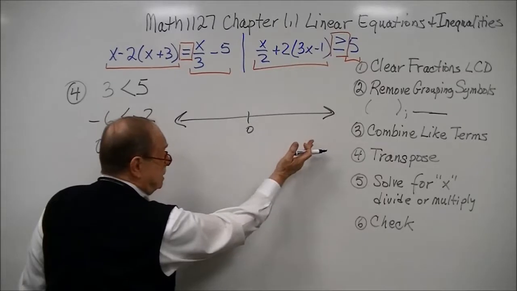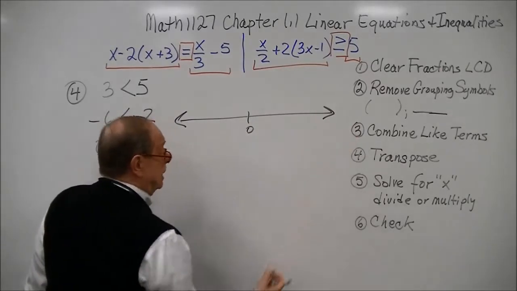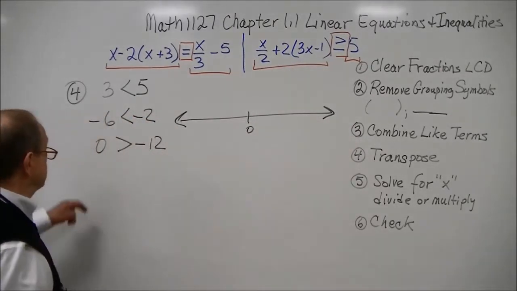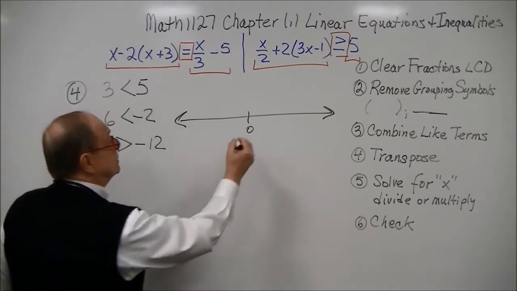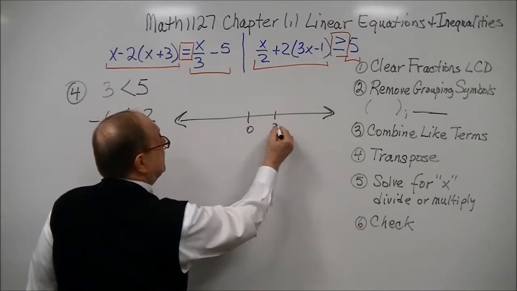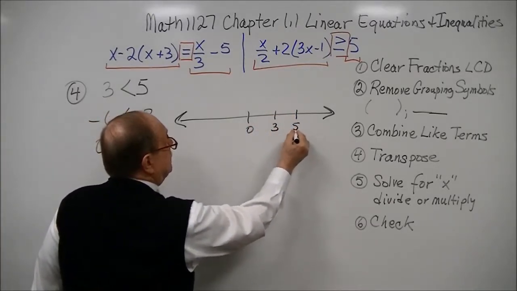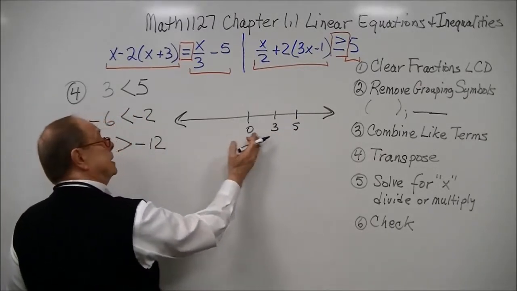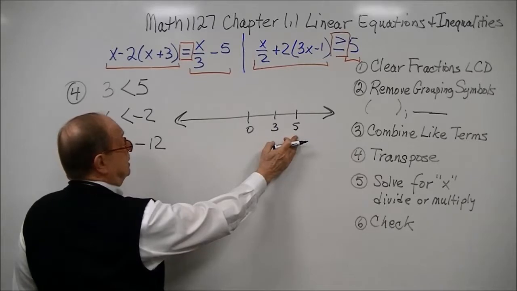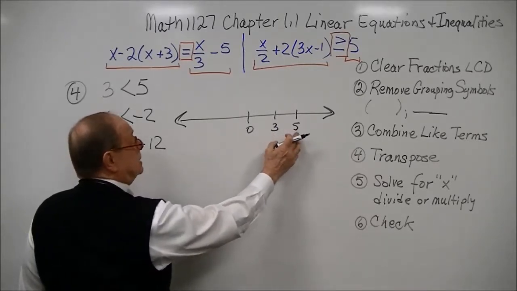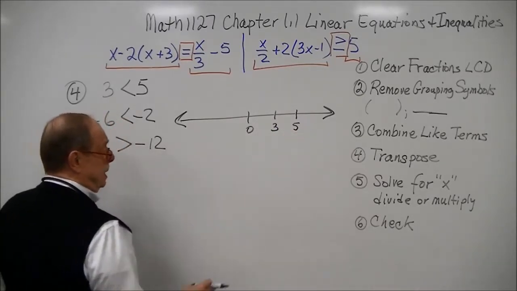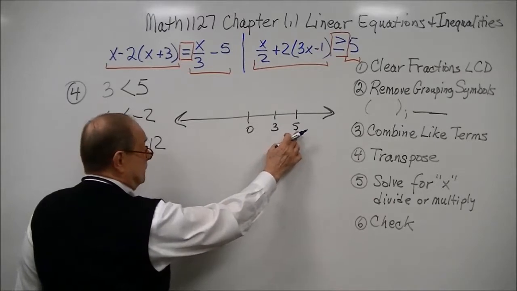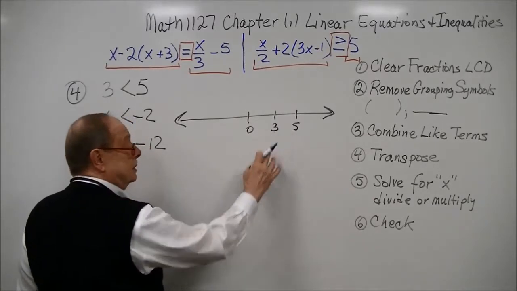Anything to the right of something is greater than. So as we see this, here's where our 3 is, and there's where our 5 is. So 3 is to the left of 5. Therefore, 3 is less than 5. Now, if you said 5 first, 5 is greater than 3.